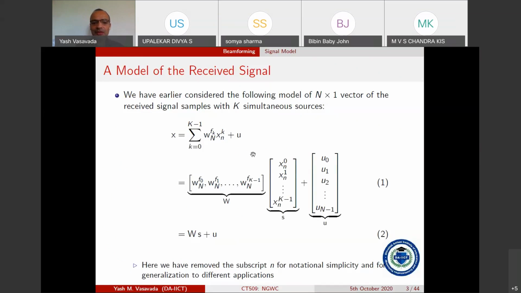Here the columns of this W matrix are complex exponentials of length n, and these complex exponentials are oscillating at different frequencies. And these frequencies are determined, in case of an antenna array, by the direction of arrival of a particular user.